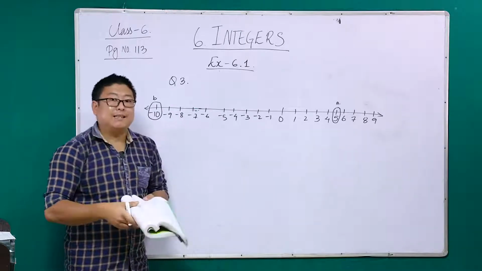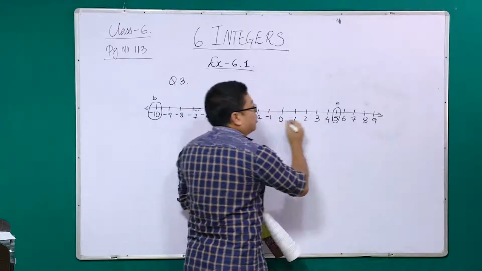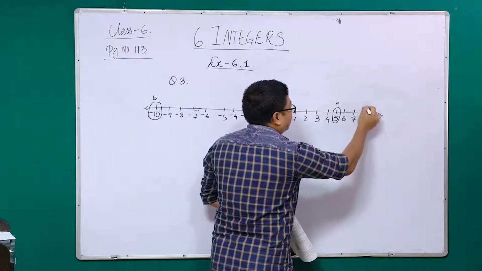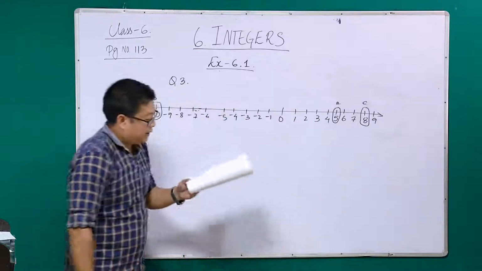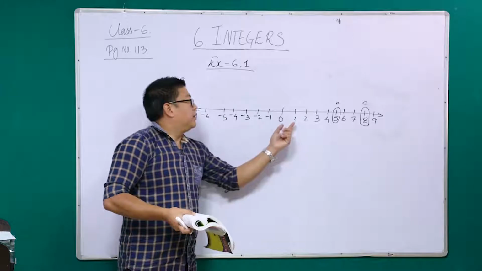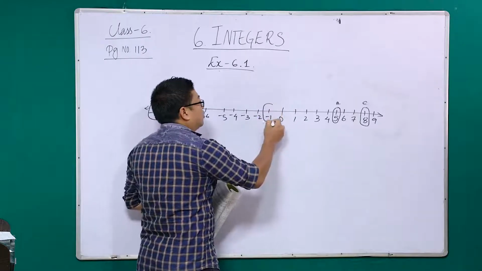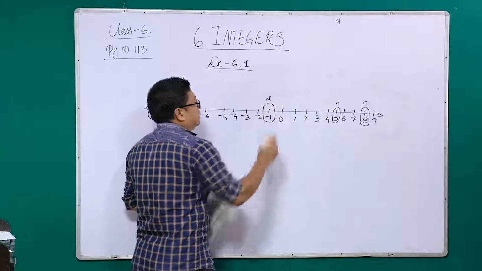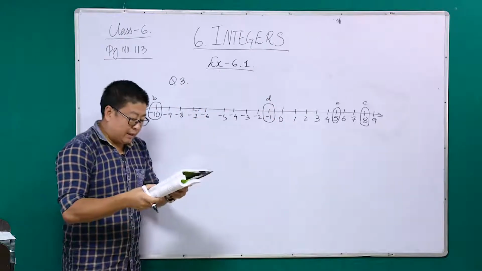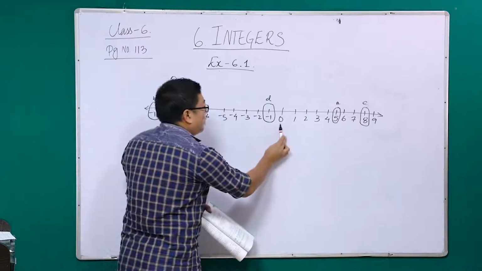Question C is plus 8. Plus 8 means you have to look on the right of 0. So 8 is here. This is for question C. Similarly, D, minus 1 means this is plus 1, this is minus 1. So you will have to go to the left, and this is the answer for question D. And finally, for question E, minus 6, again to the left of 0.